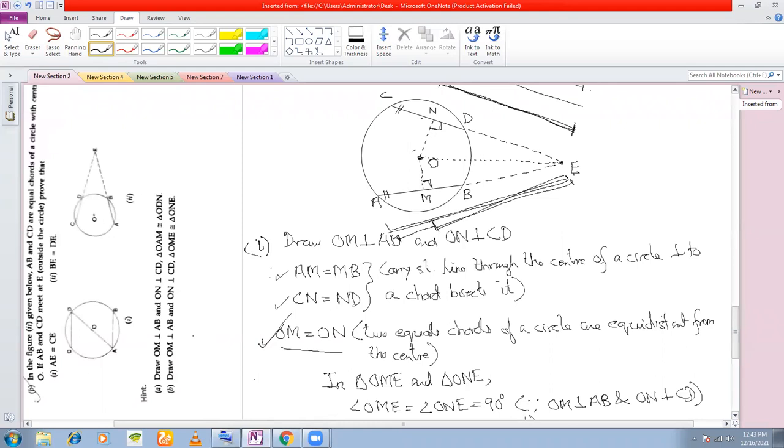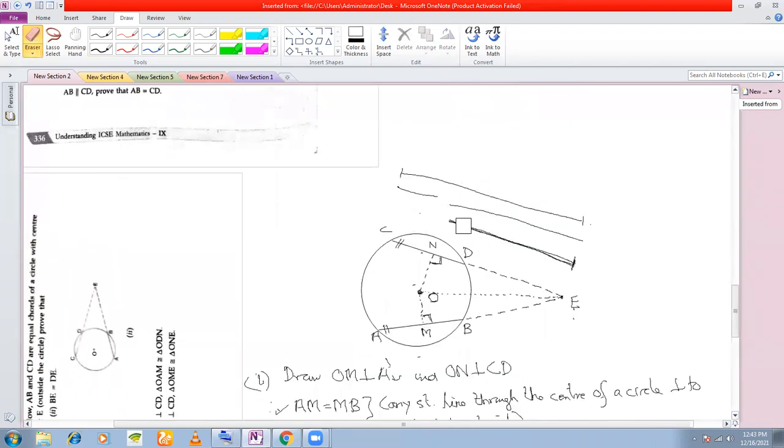Now the second part of the proof: they are saying you need to prove that BE is equal to DE. So let's see what the lengths are here. You need to show that BE, this length, is equal to DE, this length, right?